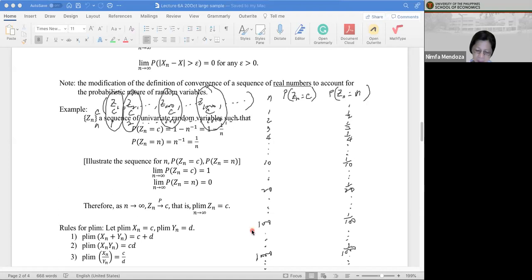So what is the probability that C sub n would be equal to n? It depends on n. Note that the probability decreases the larger n is.